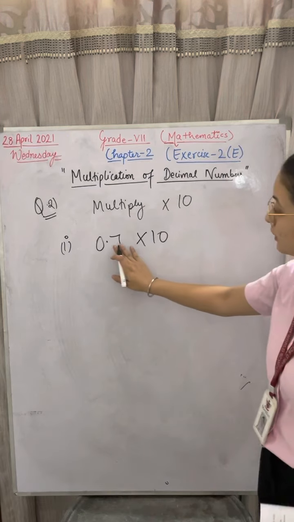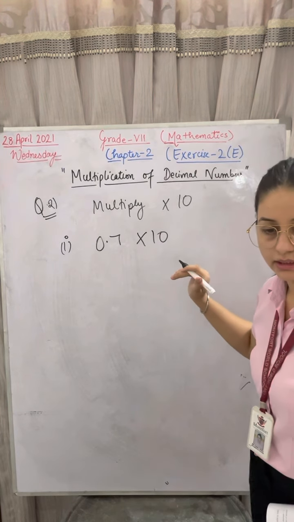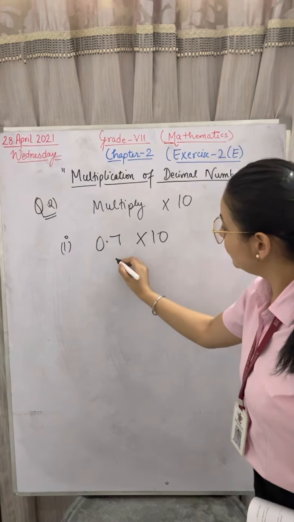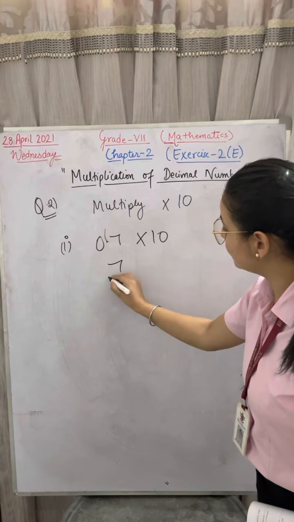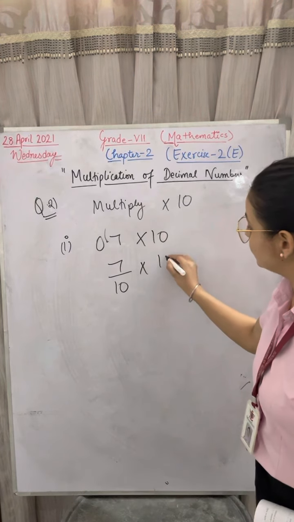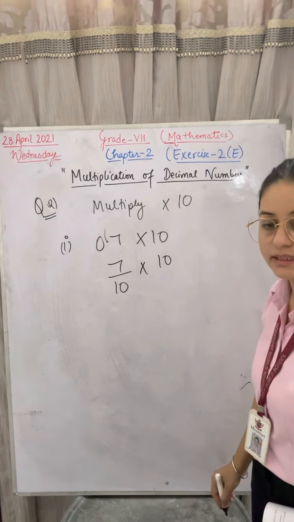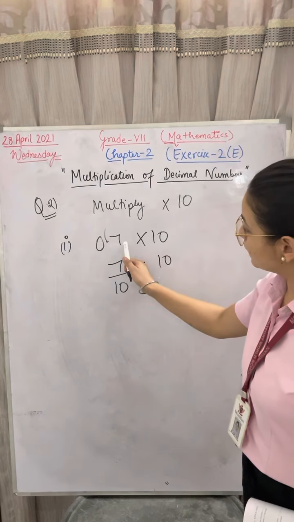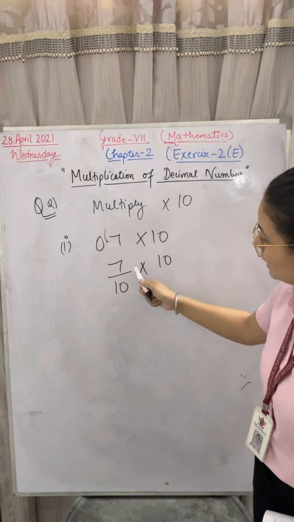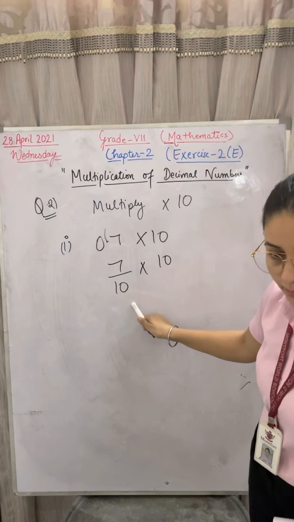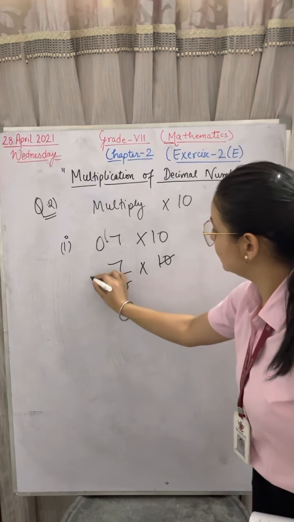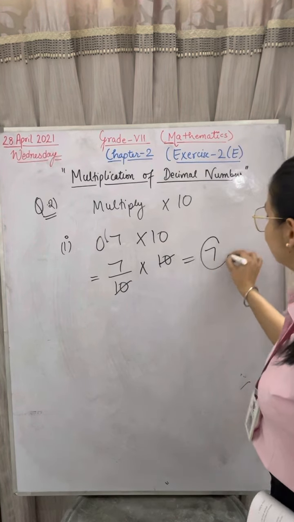First of all, remove the decimal. It will be 7 upon 10. Multiply by 10, because the decimal is given before 1 digit. So when I remove the decimal, how many zeros will come in the denominator? That will be 10. So 10 and 10 will get cancelled. The answer will be 7.